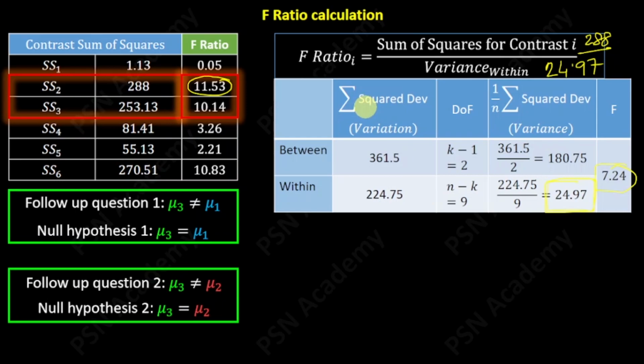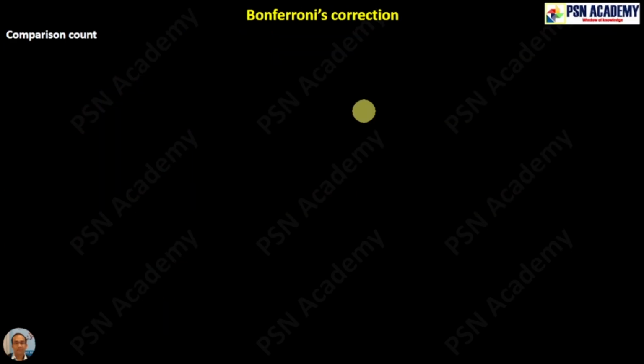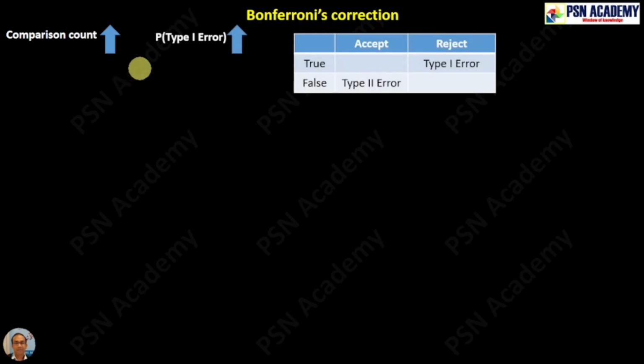Now before taking a decision, we have to be clear about one major point first. So here comes Bonferroni's correction. What is that? See, the comparison count rises. That means you have more comparisons, and you will have more probability of type 1 error, right? So what is type 1 error?